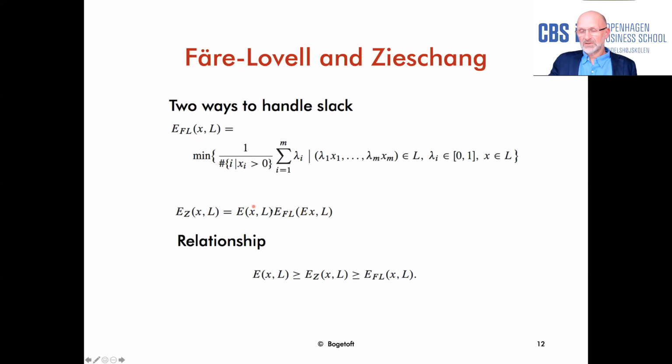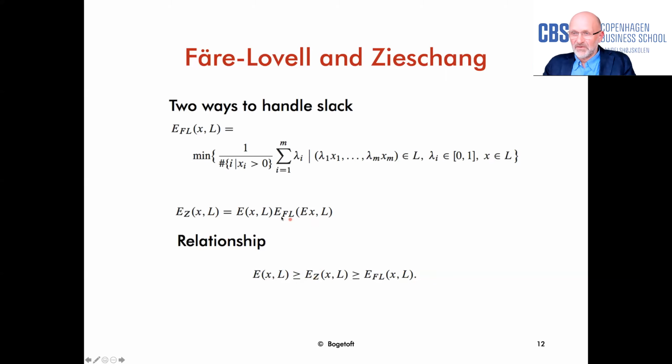So you first get to the technology, and then you capture the slack by making this final movement from the proportional hit point to a point where there's no slack left. It's easy to show that the Farrell efficiency is higher than the Zieschang efficiency, and the lowest is the Färe-Lovell efficiency.